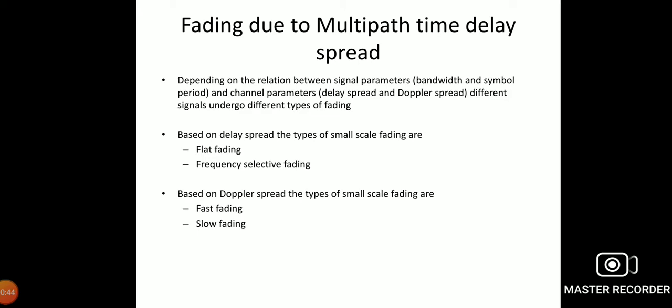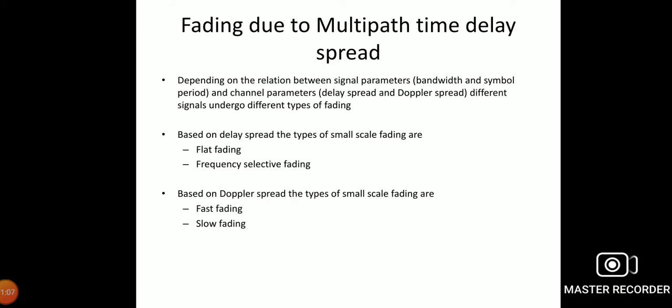Already we have discussed the fading effect. There is small scale and large scale fading, and how to induce the fading effect in multipath mobile communication channels. Here the fading takes place in mobile signal propagation due to the multipath time delay spread.